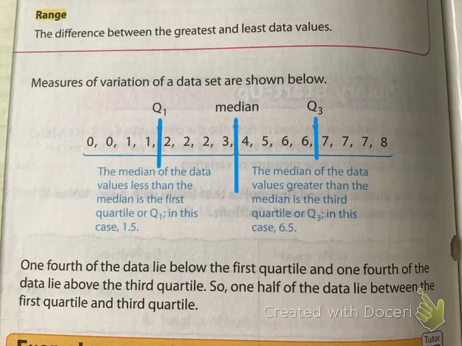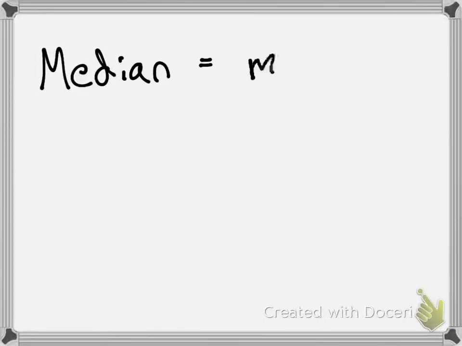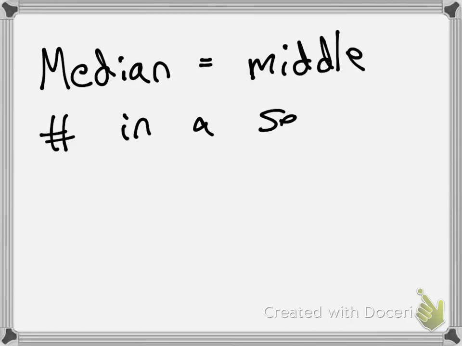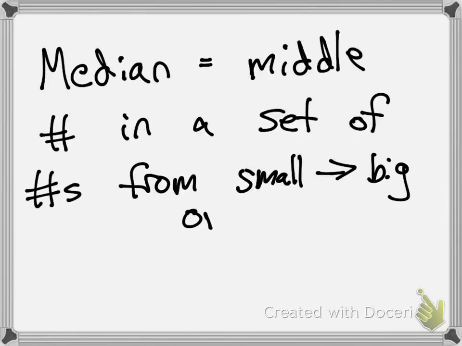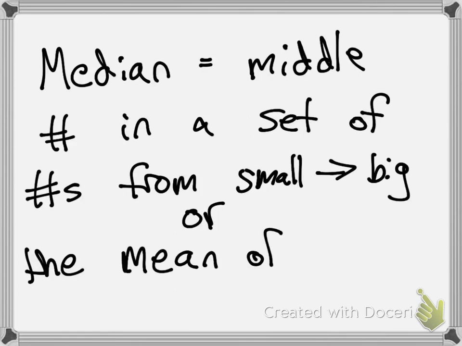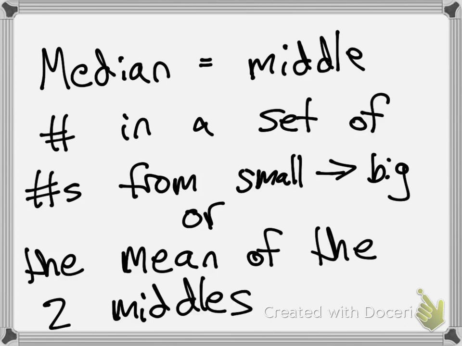But the way that we find the median is it's either the middle number in a set of numbers from smallest to biggest, or the mean of the two middles, still from the set of data from smallest to biggest.